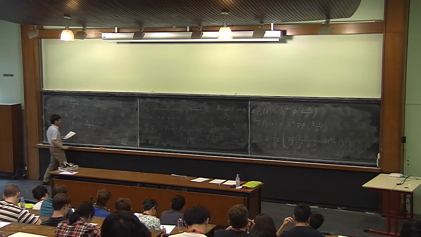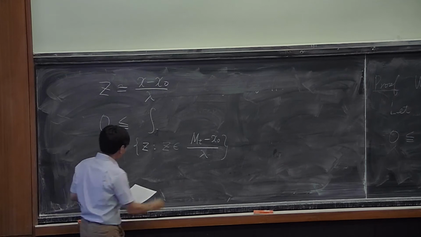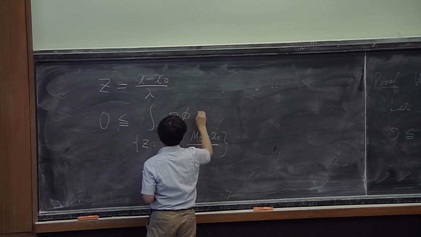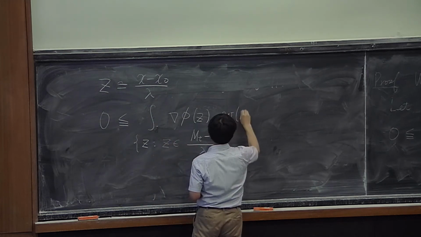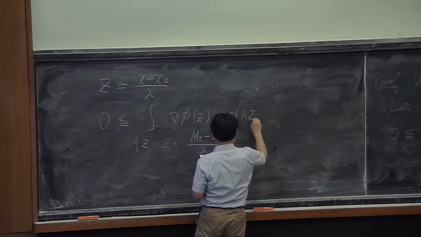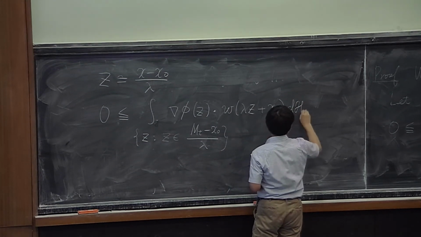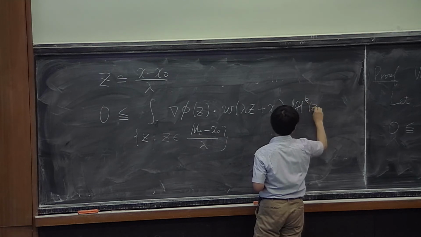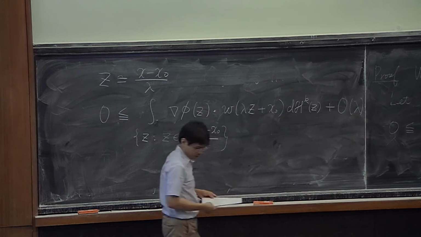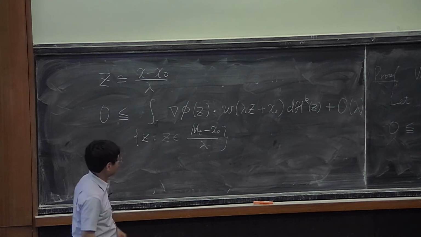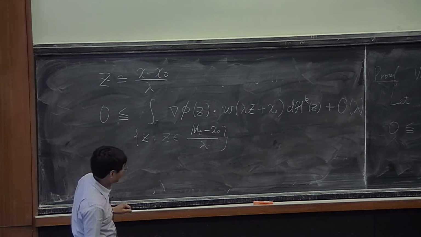Okay, that's the place where you'll be integrating. And here is nabla phi of z dot w of lambda z plus x0, after the change of variable, and dhk. And now this integration with respect to z, plus order lambda. That's just this change of variable kind of kills this lambda to the minus k.